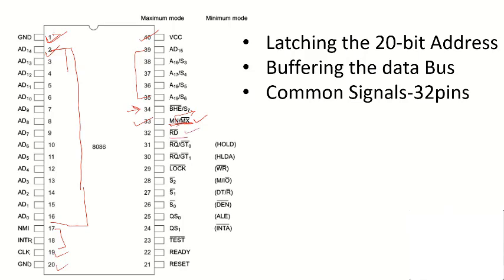So these are the minimum mode signals and maximum mode signals. And test, ready, reset, all these pins or signals we have already covered in your last lecture. We have also covered how the latching of the 20 bit address is done.